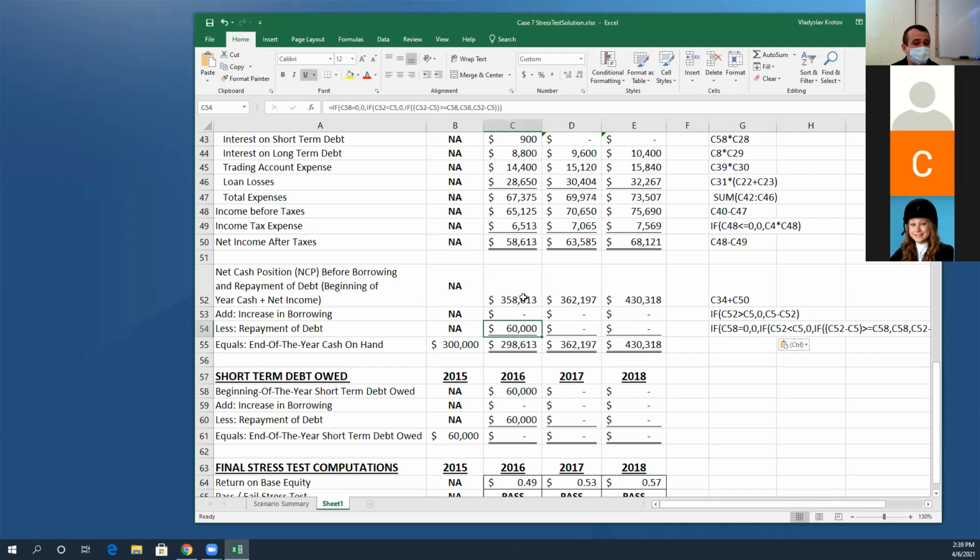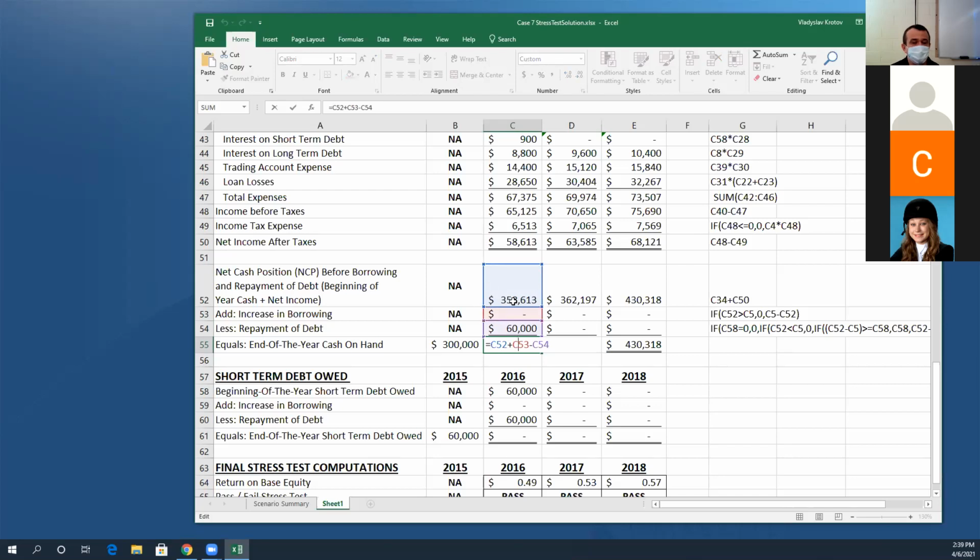So basically what happens, you have a lot of cash on hand this year and you'll go ahead and repay all your short-term debt obligations, which is 60,000, right? And that will bring your end of the year cash on hand to your net cash position minus whatever you're repaying, right? So this is how the end of the year cash on hand position is calculated.